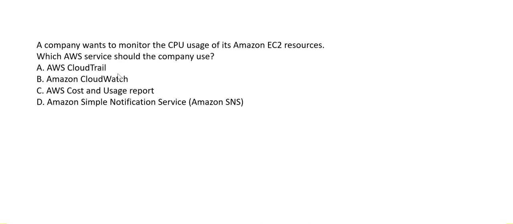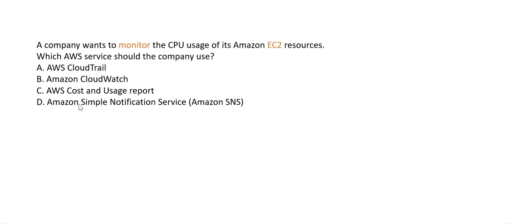This question says a company wants to monitor the CPU usage of its Amazon EC2 resources. Which service should the company use? What is the keyword here? The keywords in fact are monitor and EC2. So these are the options.